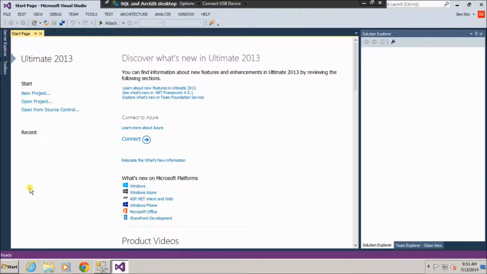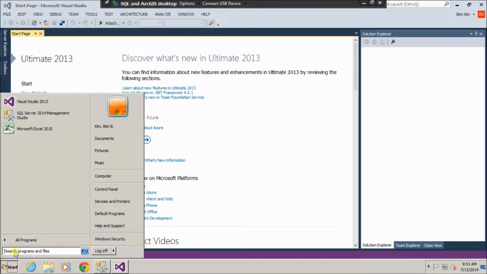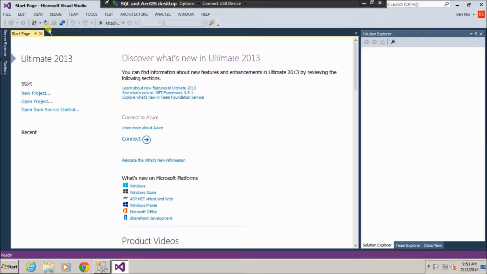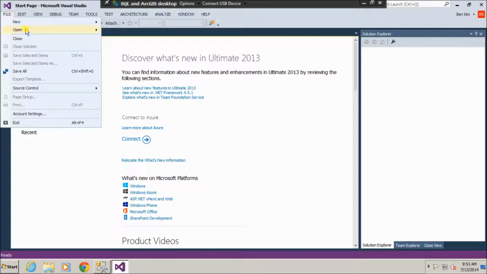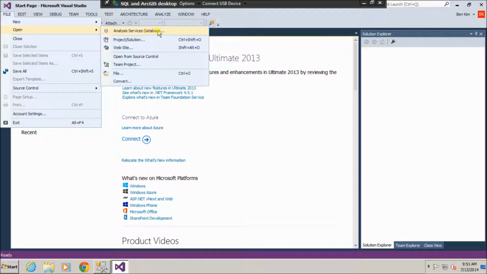Okay, go to Visual Studio now. As you should know, go to Start, Visual Studio. Click that, and then you will have this Start page. Go to File, Open, Analysis Services Database.